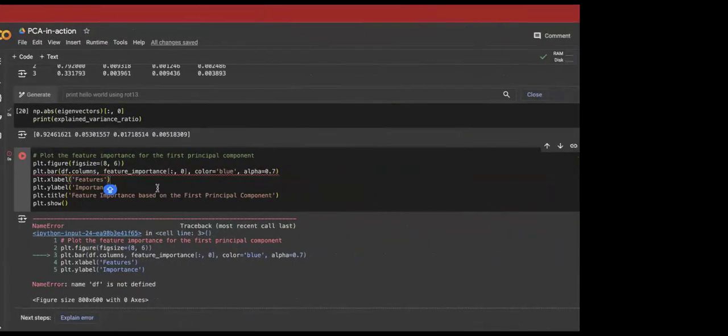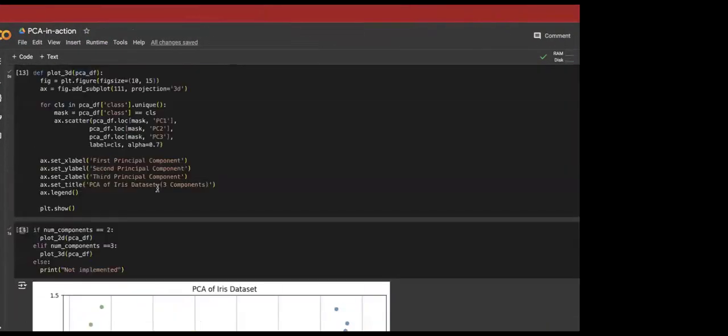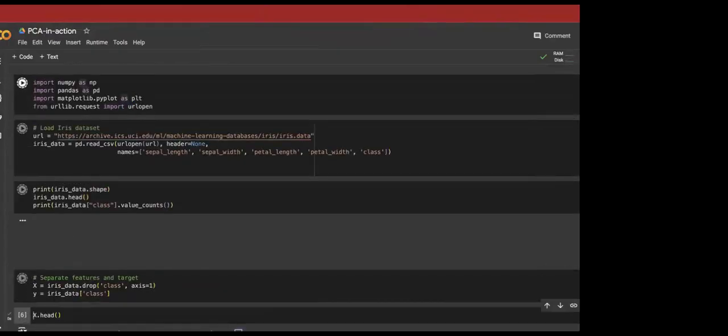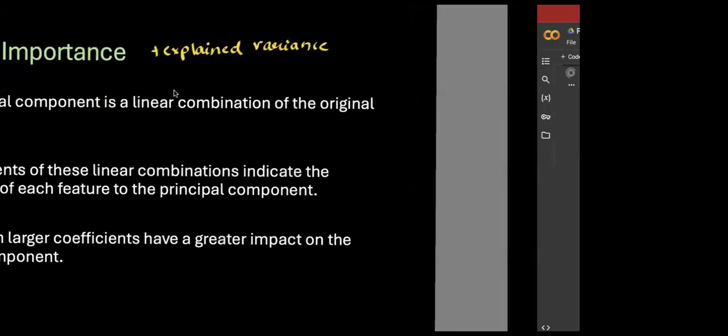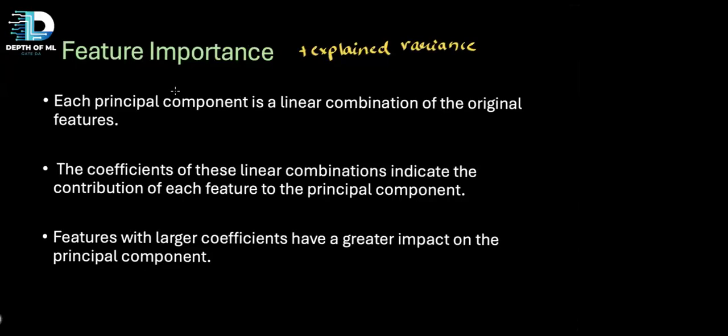On the basis of this plot, let me run this again. On this basis, what Harshit was saying is that suppose you find that a particular feature is not important throughout, not contributing much to any principal component. You can just remove it even before you start doing any classification algorithm.